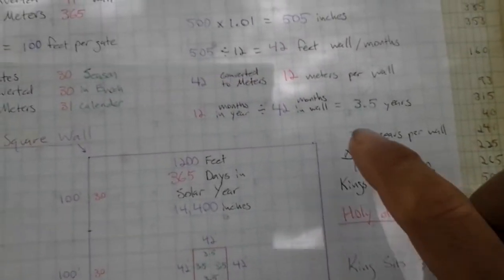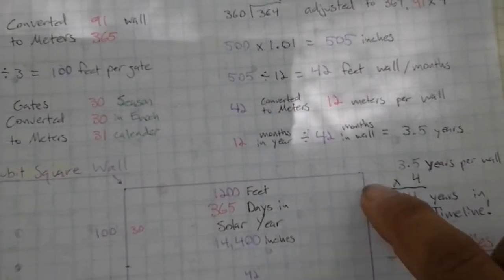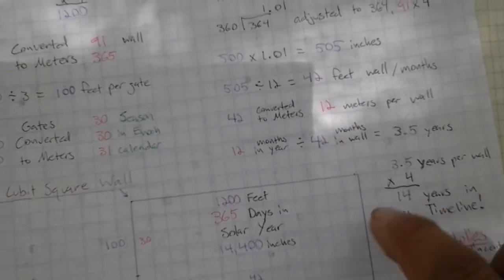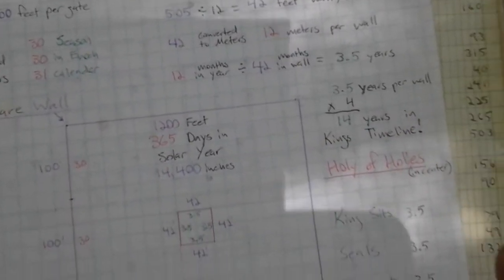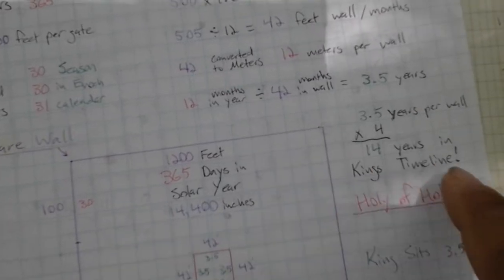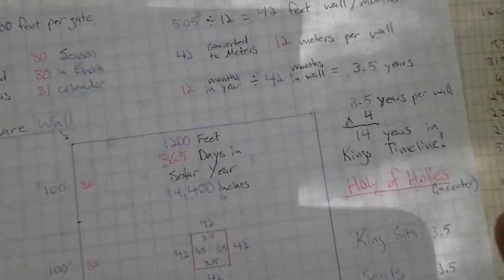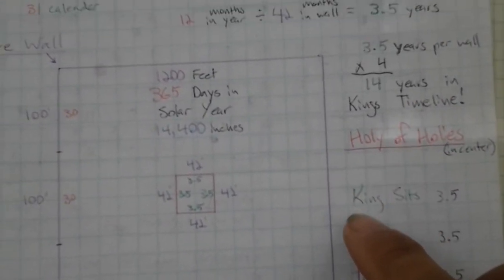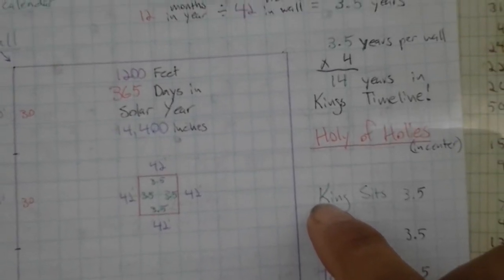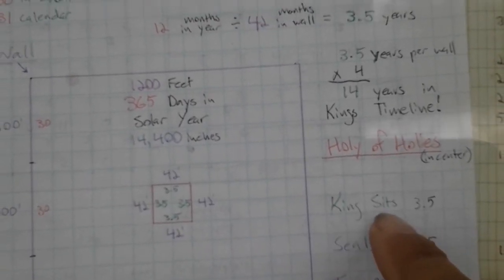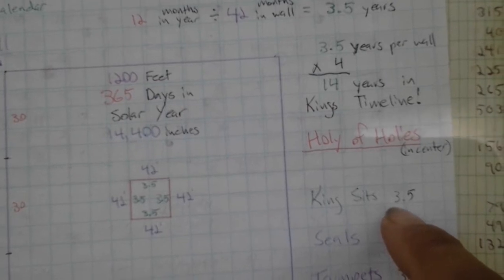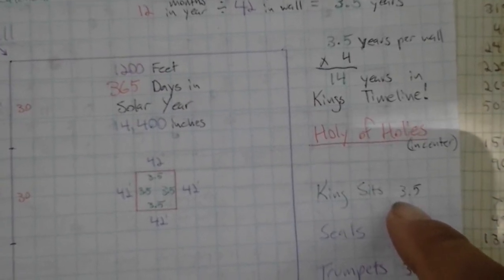Guys, 3.5 years times 4 is 14 years. This is the king's timeline. I know you don't understand what I'm saying when I'm talking about the king's timeline, but let me explain it to you one more time. The king's timeline starts when the king sits. Then he reigns 3.5 years. We get this in Esther chapter 1, okay?